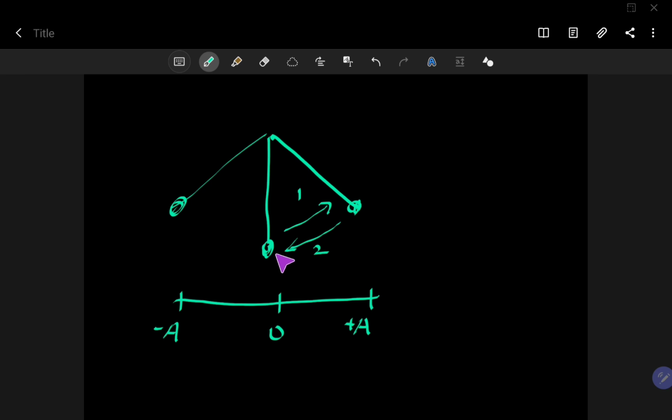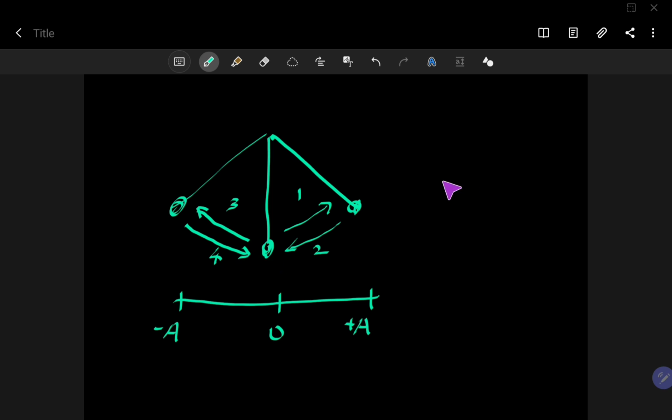Then from the equilibrium it reaches the next, negative amplitude, that is the third motion, and then it turns back to its original position, the equilibrium. That is the fourth one. So remember, in one complete oscillation, there must be 4 quarters: the first quarter, the second quarter, the third quarter, and the fourth quarter. So we are talking about one complete oscillation.